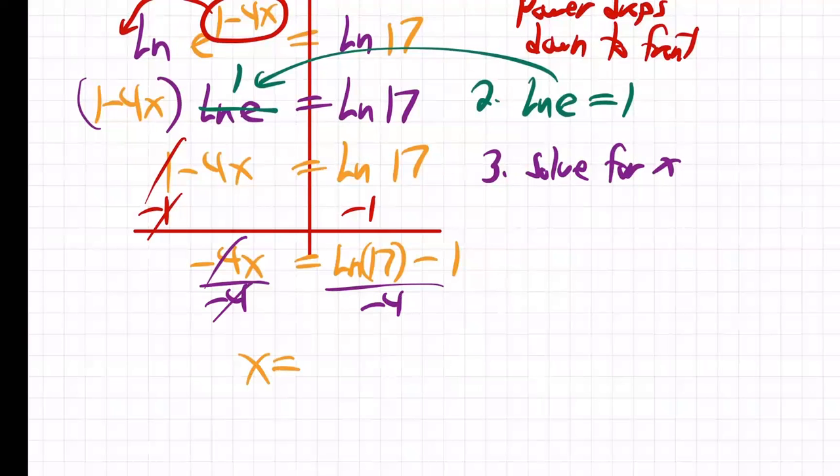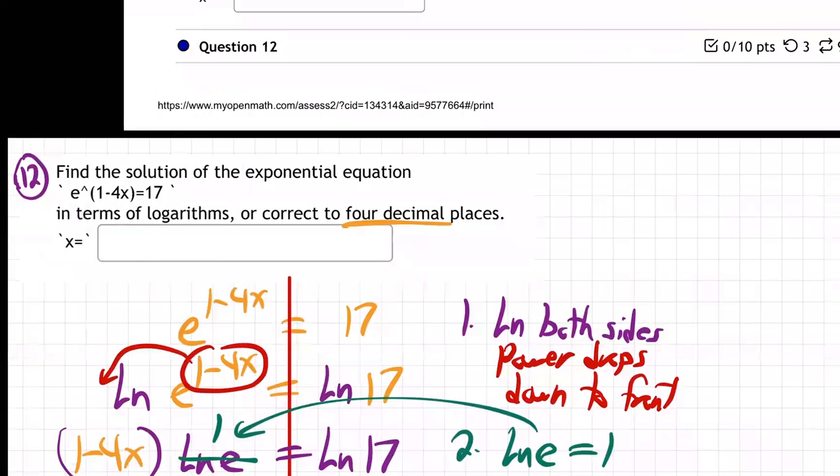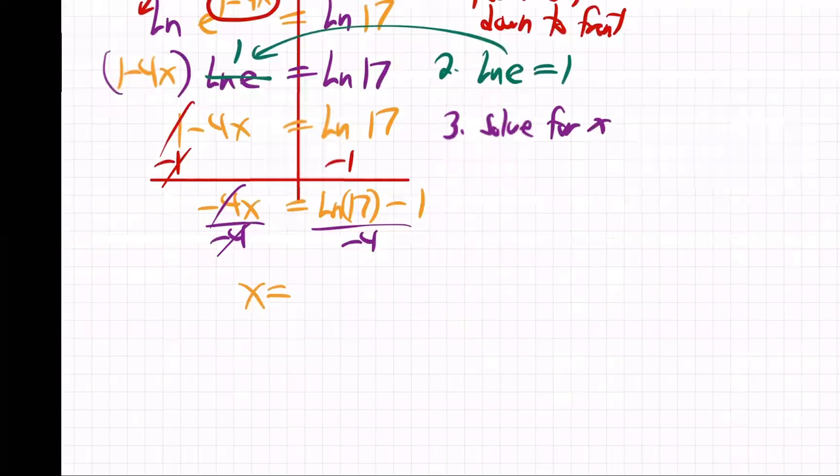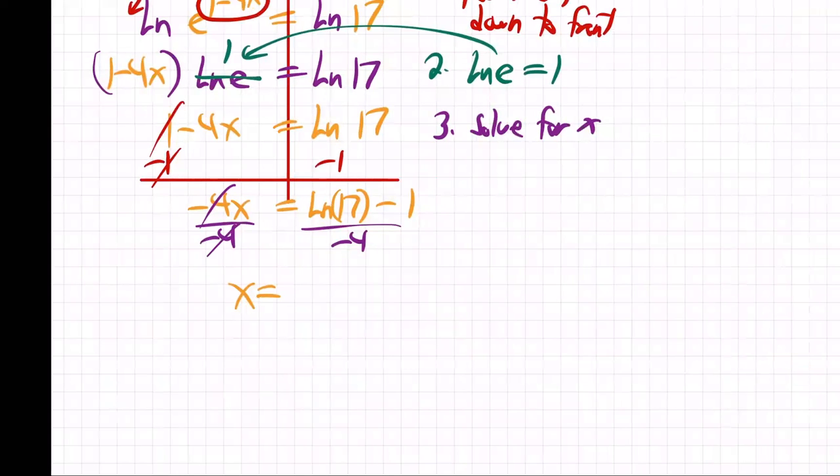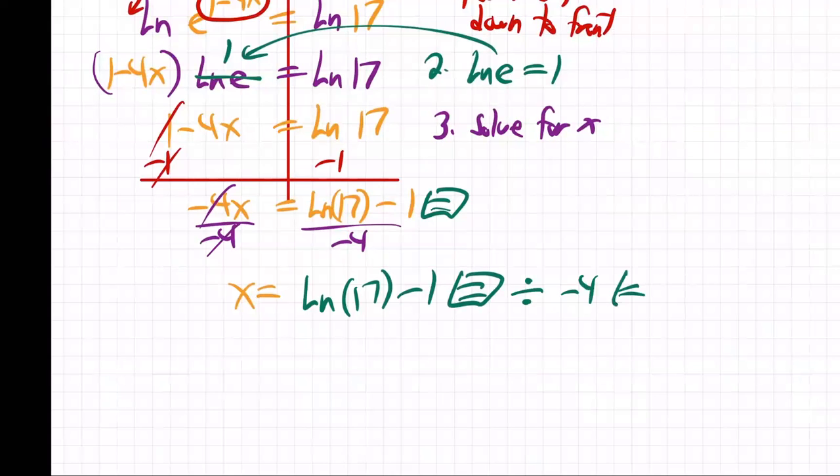Now, on this question, do they want 4 decimal places? Okay. So when you type it into your calculator, remember you've got to hit equals when you're done with the numerator before you divide by -4 in the denominator. That way it divides the whole numerator and not just the last number. So it's going to be ln 17 minus 1 equals divided by -4 equals.